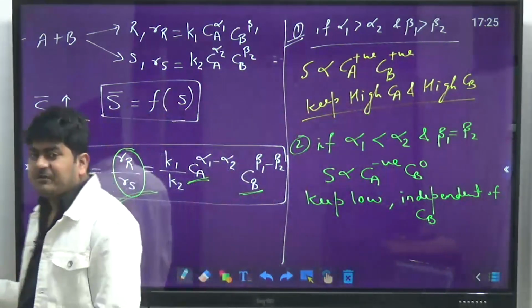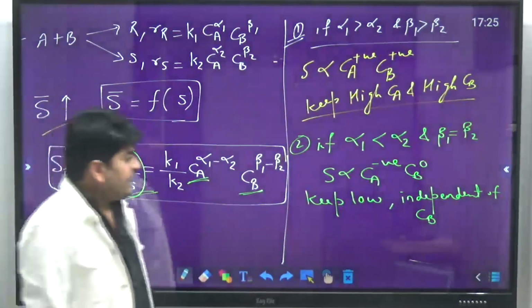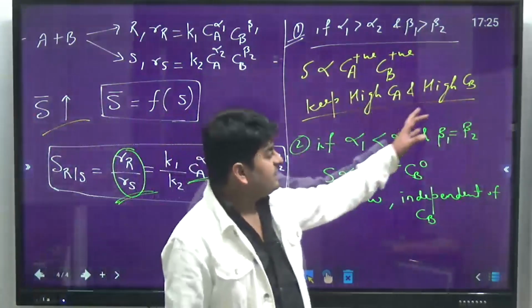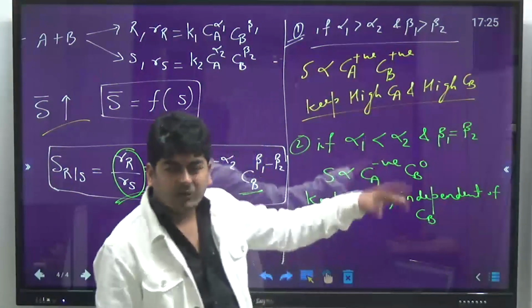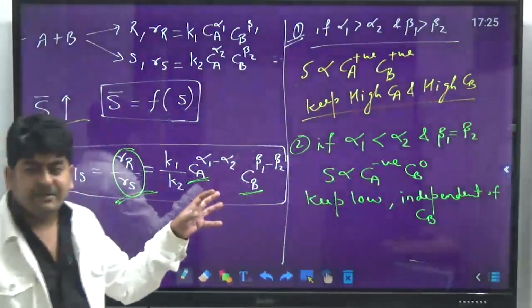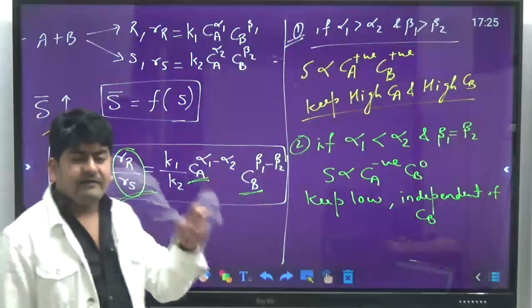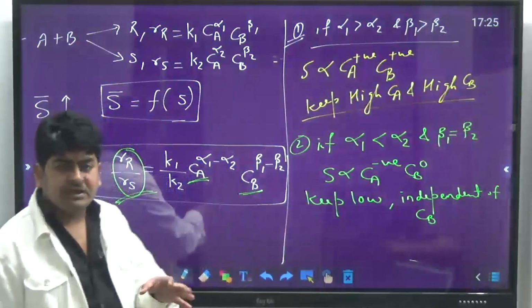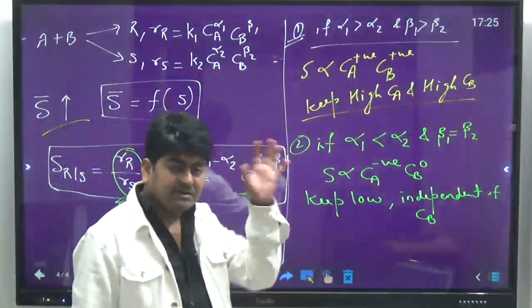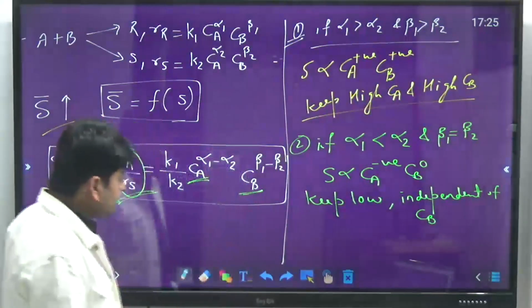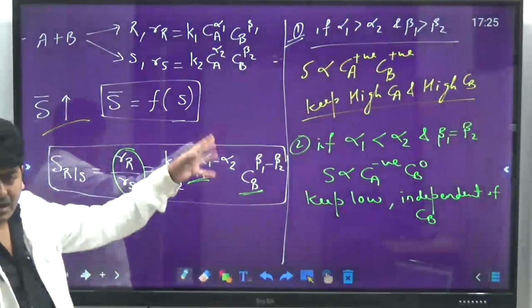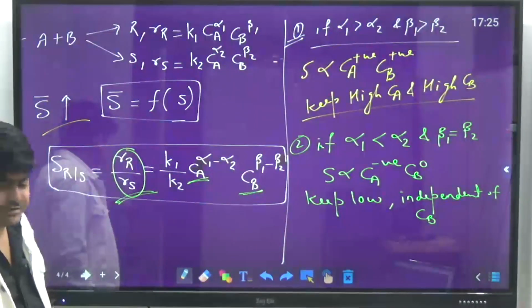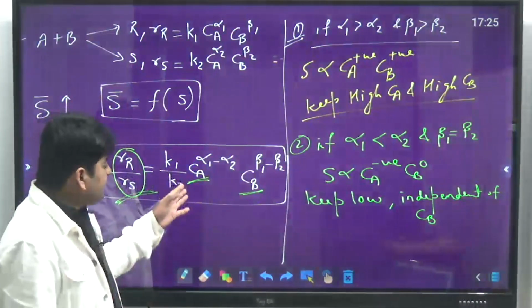So these Ca, Cb are the concentrations within the reactor. It means if I want to keep high Ca, low Ca, high Cb, low Cb, whatever it is, all these are within the reactor. I have to keep high Ca or low Ca in the reactor, not in the inlet or outlet pipe. We will see how we can keep high Ca and low Ca.